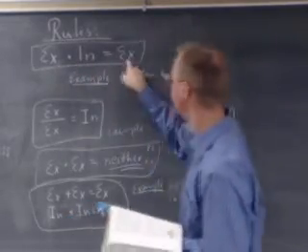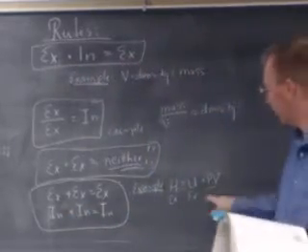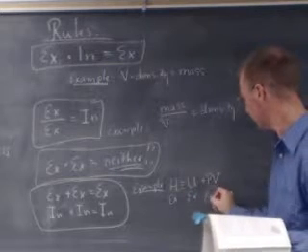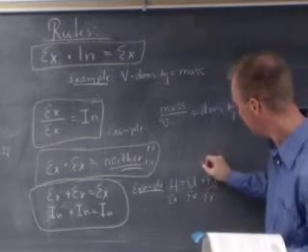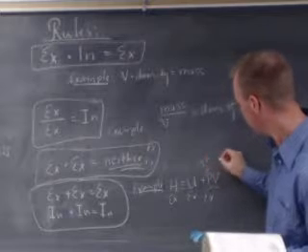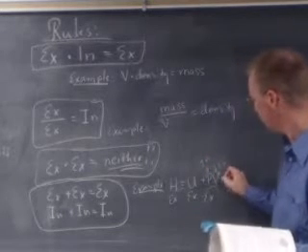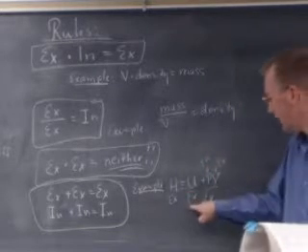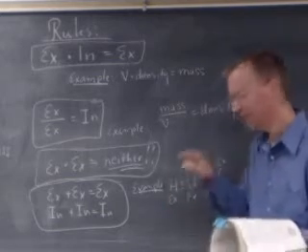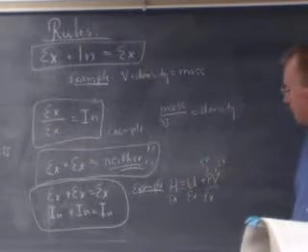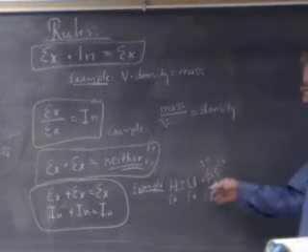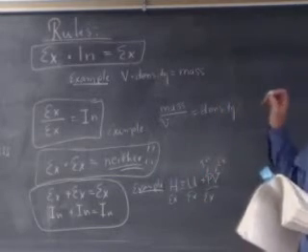Intensive times extensive gives you extensive. So PV is extensive. So that's intensive, pressure. That's extensive, volume. The two of them together give you an extensive. Extensive plus extensive gives you extensive. Nice. All right, there's a great example unifying several of these rules here.